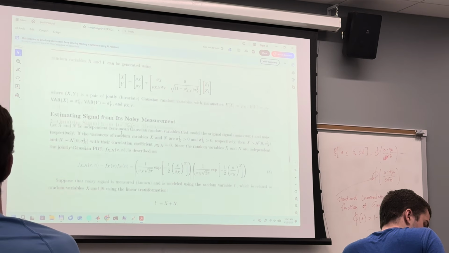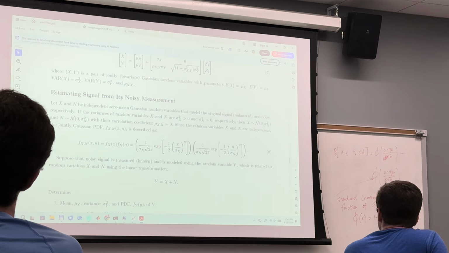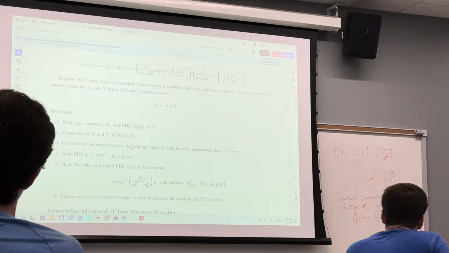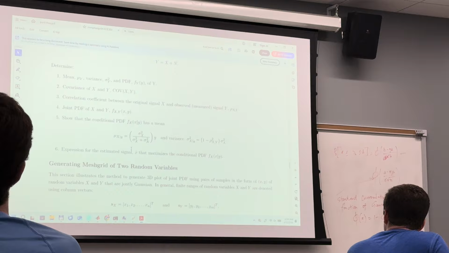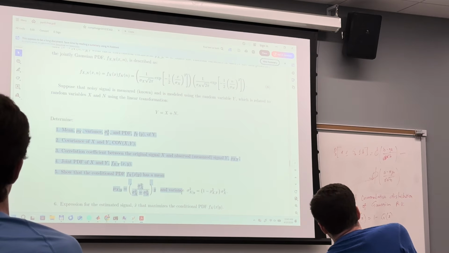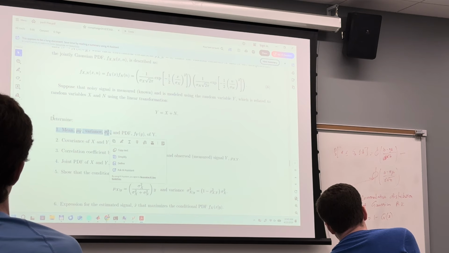This is part of your computer assignment, estimating a signal from its noisy measurement. All the theory has been given. Make sure you go through this example as well.